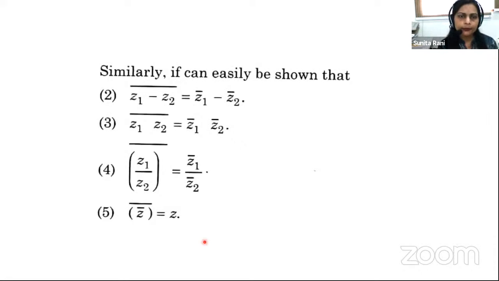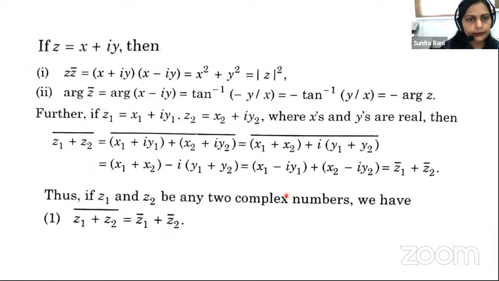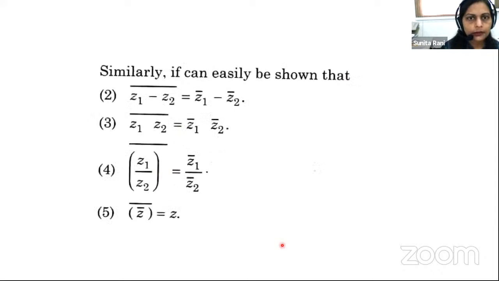Similarly, we can easily find the expression for the conjugate of z1 minus z2. Similar lines: first add the two complex numbers, take the conjugate, arrange the terms, and we get z1 bar minus z2 bar.